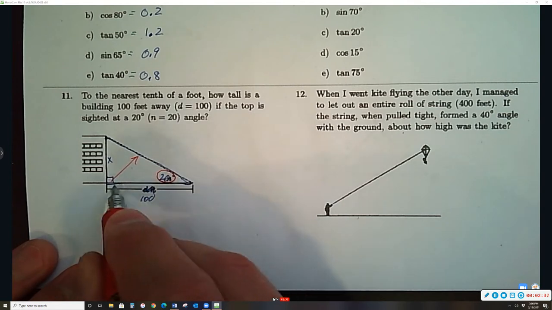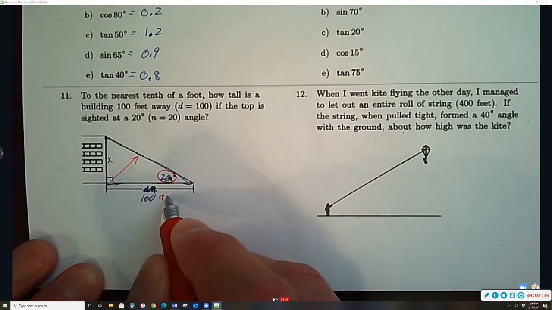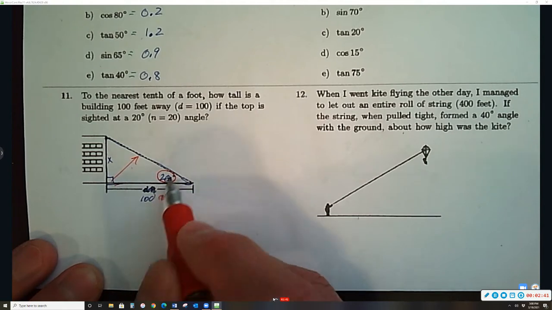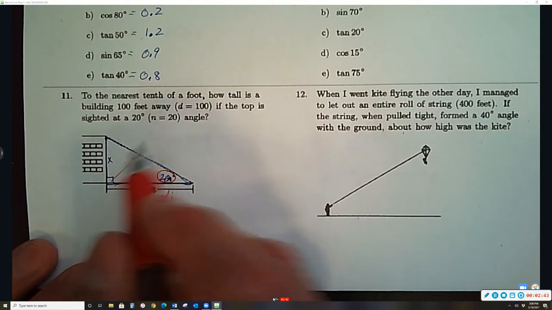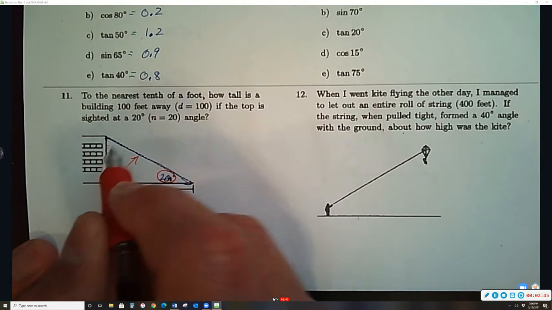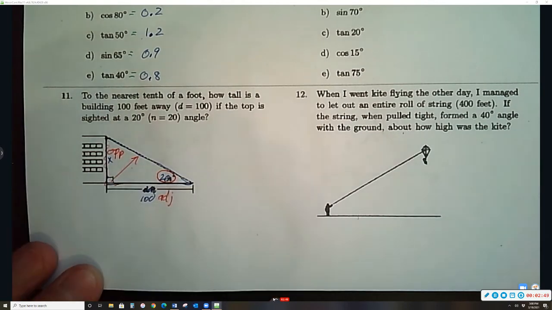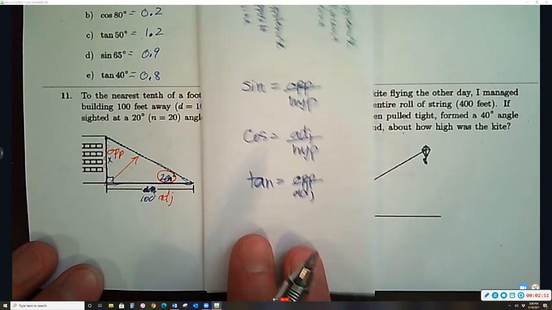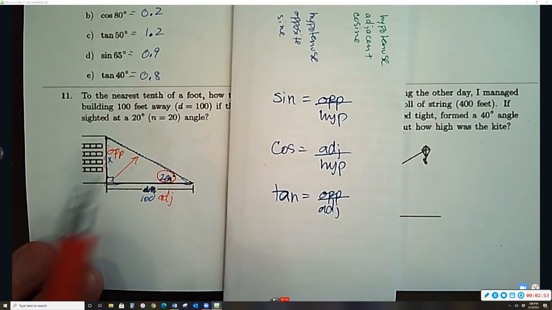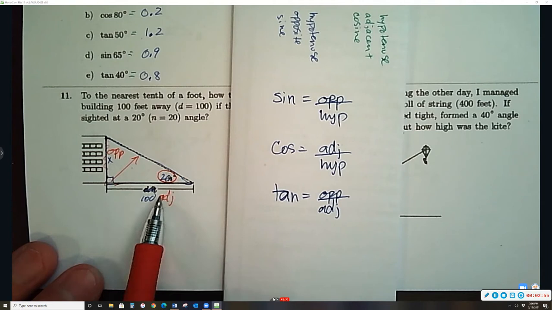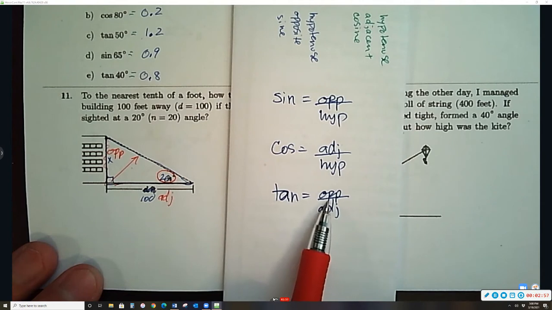This leg down here is the adjacent leg because it's next to 20 degrees. This leg across here is the opposite leg because it's across the 20 degree angle. So if you look at the trig ratios, the one that uses opposite and adjacent, that's the tangent ratio.